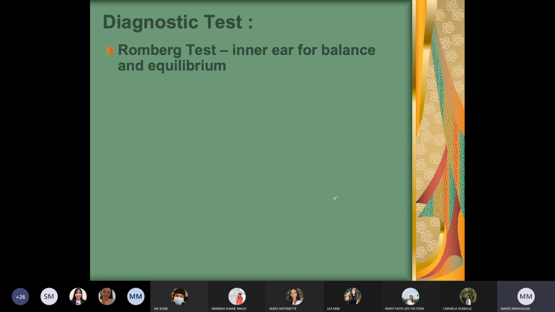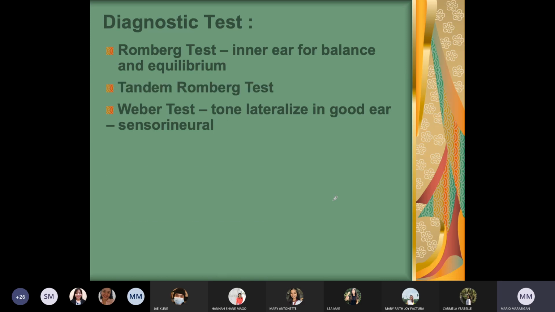The audiogram typically reveals a sensorineural hearing loss in the affected ear. Okay, you can also do the Weber test, the tone which is lateralized in the good ear. Ang audiogram, na-discuss naman natin kanina what is audiogram. Another one is your electronystagmogram. Ayan. It may be normal or it may show reduced vestibular response.